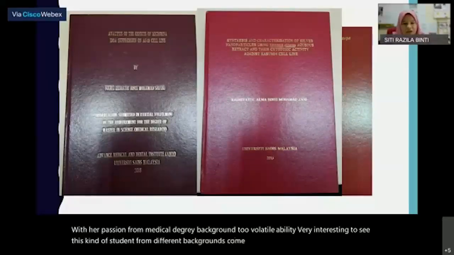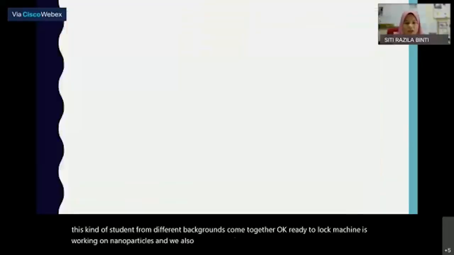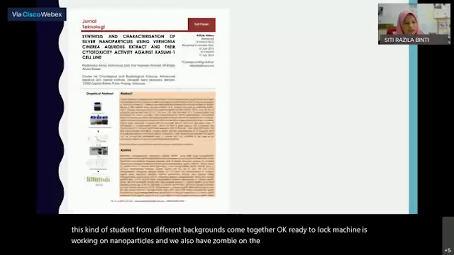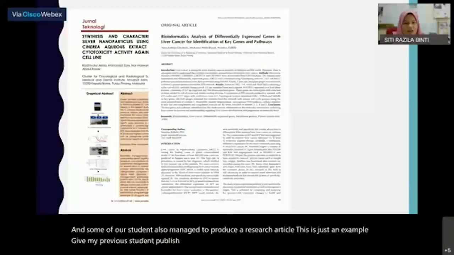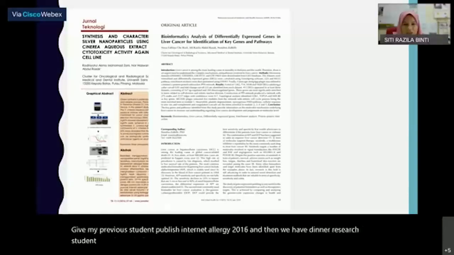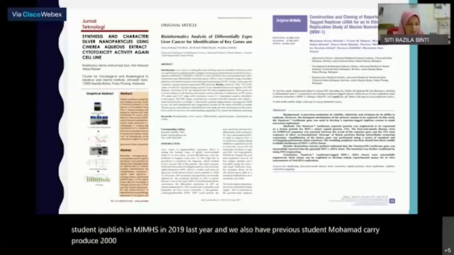Radiatul Akma is working on nanoparticles, and we also have Muzammil on a microbiology project. Some of our students also managed to produce research articles. This is just an example: my previous student published in Genetic Technology 2016, the Nurulisa student published in MJMHS in 2019 last year, and previous student Muhammad Khairi published in 2017.